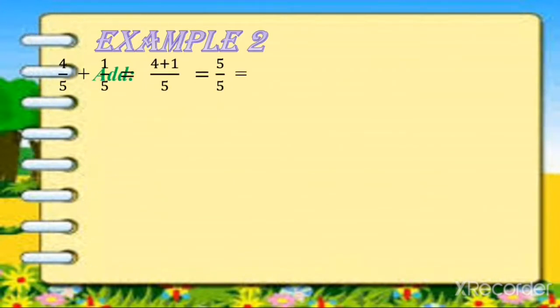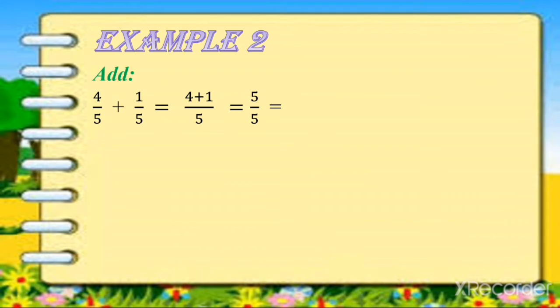Moving to our next example. Now 4 upon 5 plus 1 upon 5 is equal to 4 plus 1 upon 5 is equal to 5 upon 5. Now students, this fraction is 5 upon 5, which means now we are taking the whole.